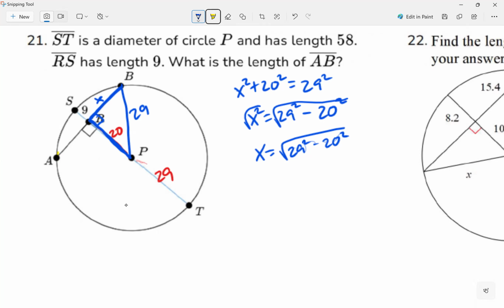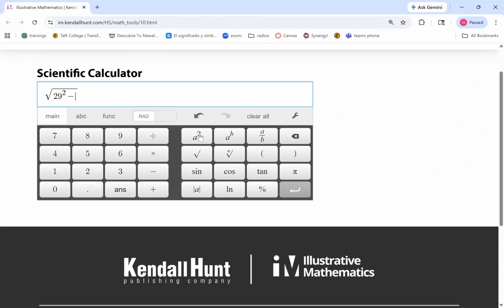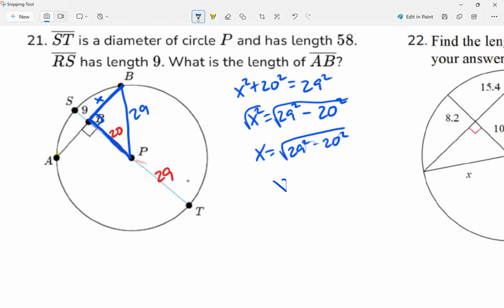Oh, let me bring my calculator for that. So I have the square root of 29 squared minus 20 squared. I see that I have, oh, cool, 21. Easy number. I don't have to deal with decimals. So my x is equal to 21.